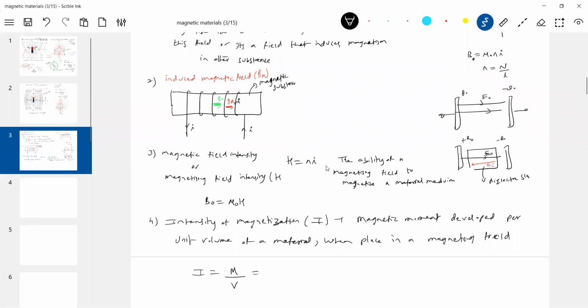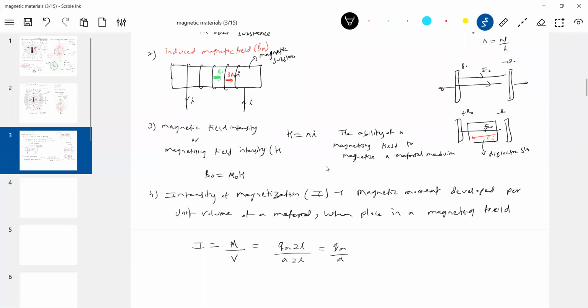So the magnetic moment we can write as Qm into 2l, similar to a bar magnet. And volume will be A into 2l. I introduced some terms here. Can you remember the pole strength? M naught, again you'll get confused. So there's a pole strength, I'm bringing that one. North pole.